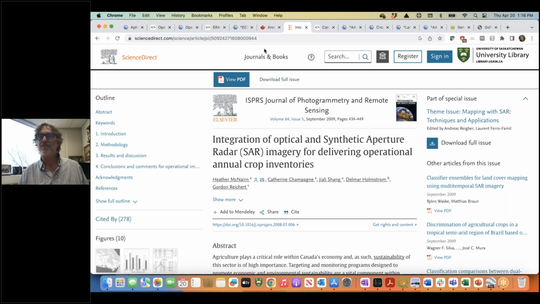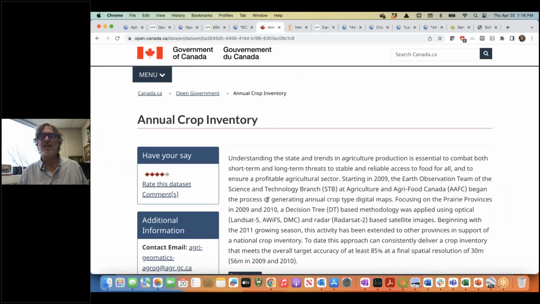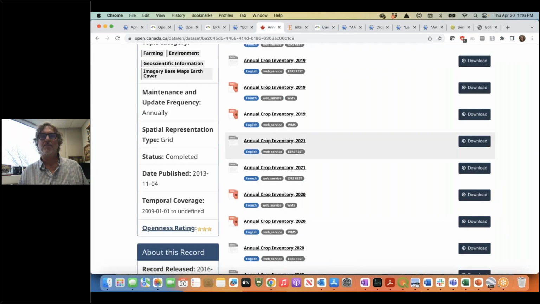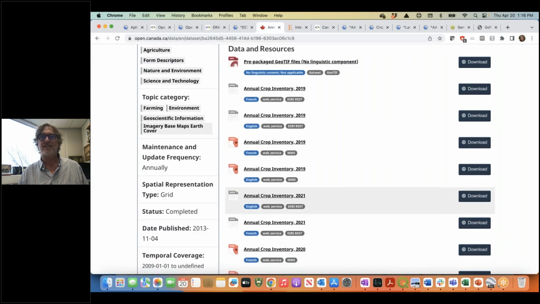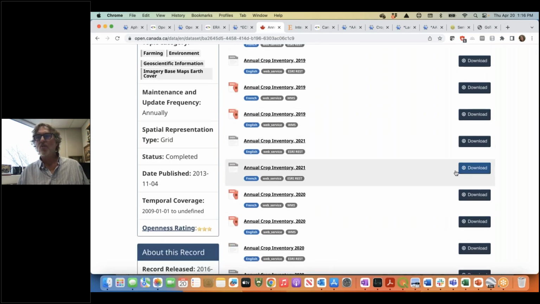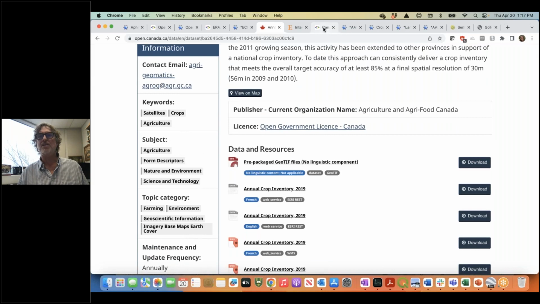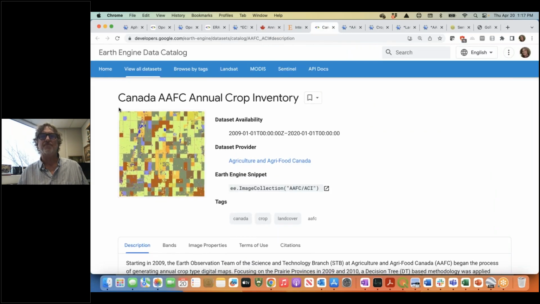And so they can classify every year, using satellite imagery, what crop is being grown in every field in Western Canada. Interestingly enough, this data is available out there. It's available on the Open Canada site, and you can download it all, but it's hard to work with. But then along came something called the Google Earth Engine.